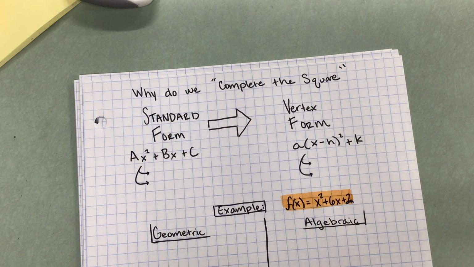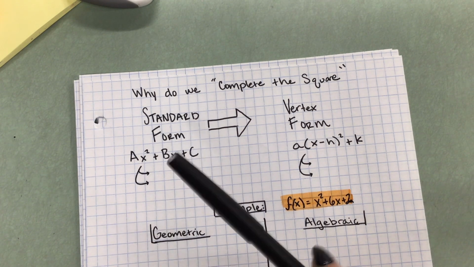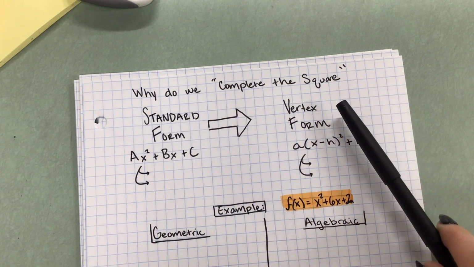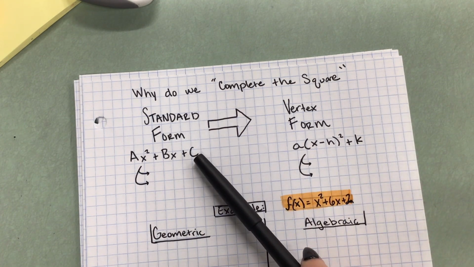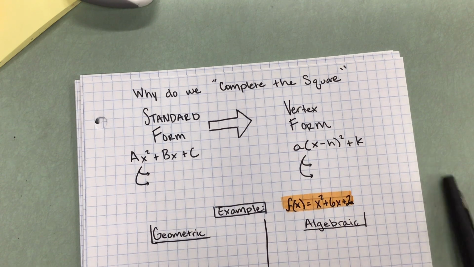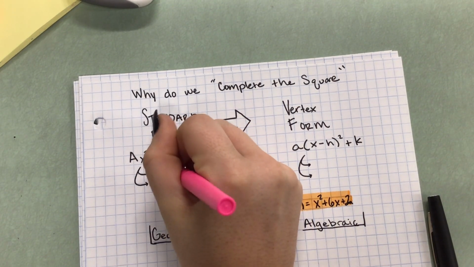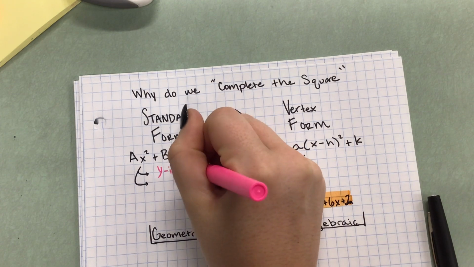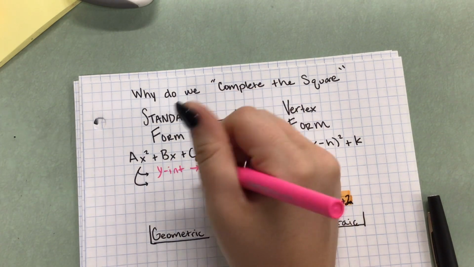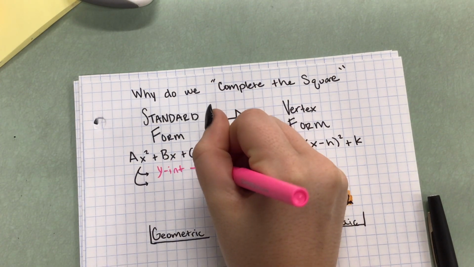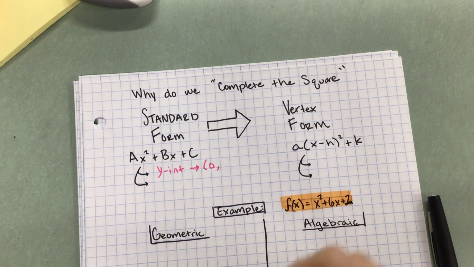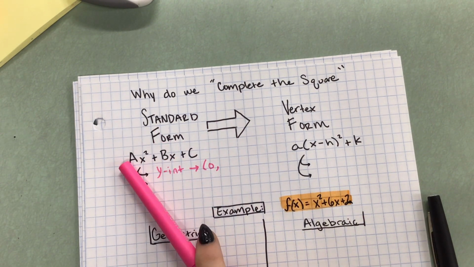Well, to answer that question, let's talk about the forms of quadratics that we already know. We know about standard form and vertex form. Standard form is more recent to us. Standard form will tell us what is our y-intercept, meaning that if we were to plug in 0 for x, what will we get for y? Well, if we plug in 0 here, it cancels it out.